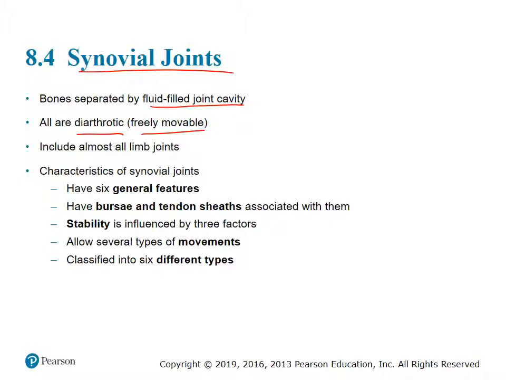And they're designed to be freely movable, right? Almost all the limb joints are going to be synovial joints. Almost all of them. There are some that are slightly movable that don't have a synovial cavity, but most of them do.